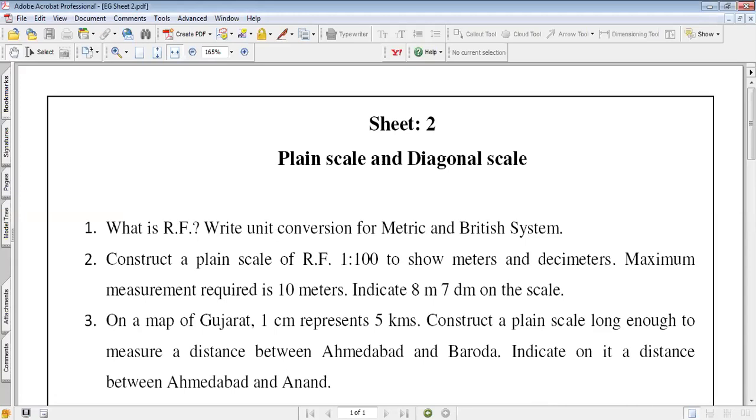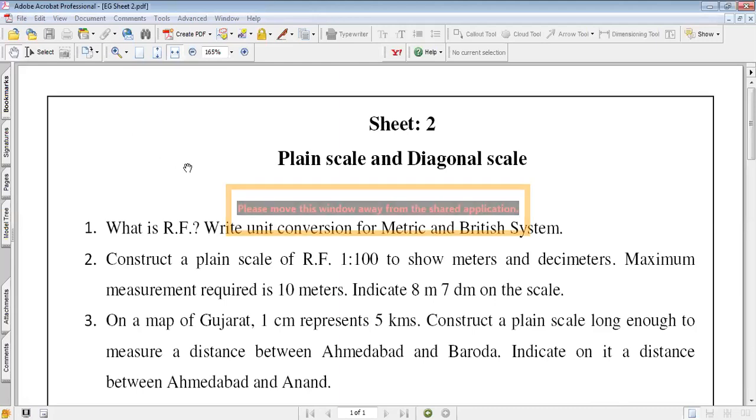What is RF? Chalo, fast answer me. What is RF?